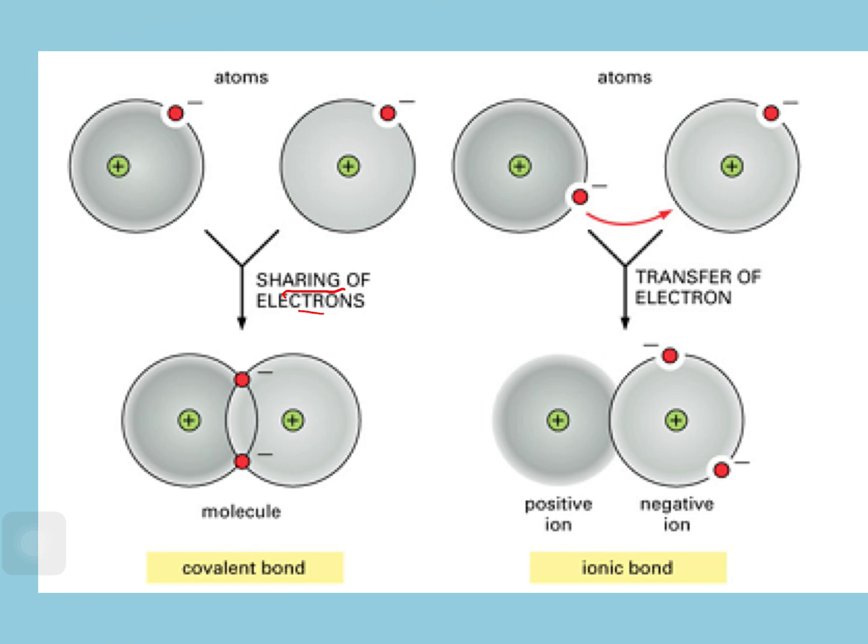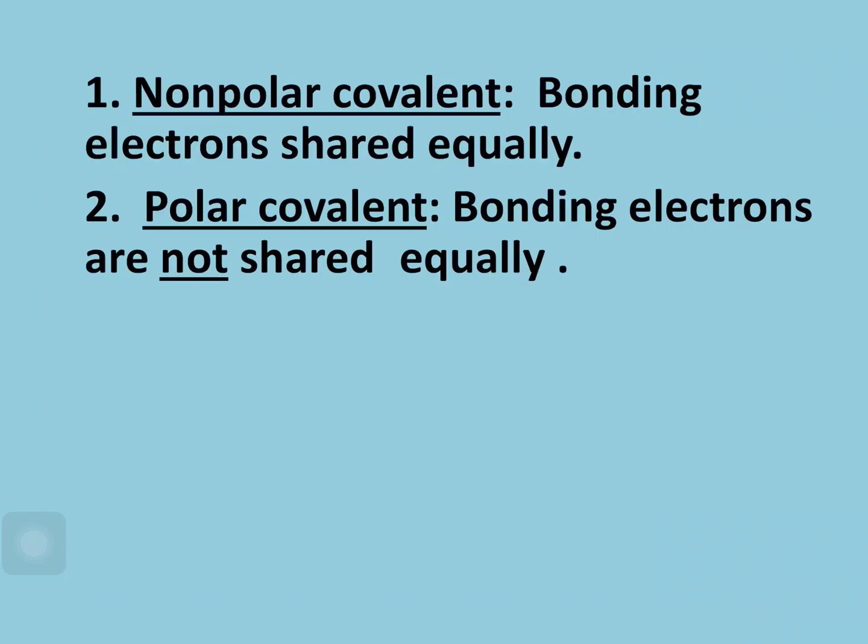And these are always your valence electrons that are being shared. And then in the ionic bond, you have a transfer of your valence electrons, which creates a positive ion and a negative ion. And remember that the positive ion is called the cation, and the negative ion is called the anion. That comes from the chapter 5 notes.